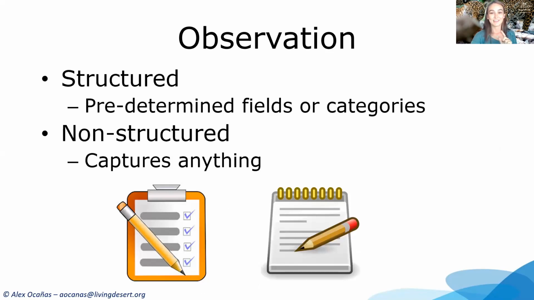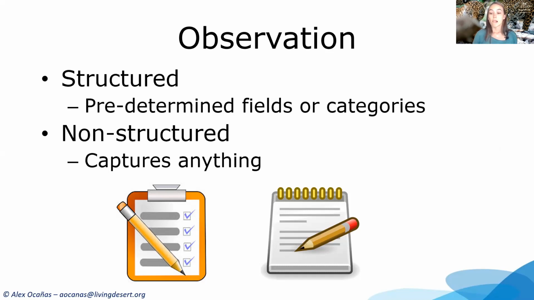But the challenge here, especially with the unstructured but with both, is that there's a possibility for researcher bias to influence your interpretation of what's going on. You can be observing and writing down what you think is happening, and in some cases that might not be correct. So just be aware of this as you consider your research design. Maybe there are ways to get around that, but it is a challenge.